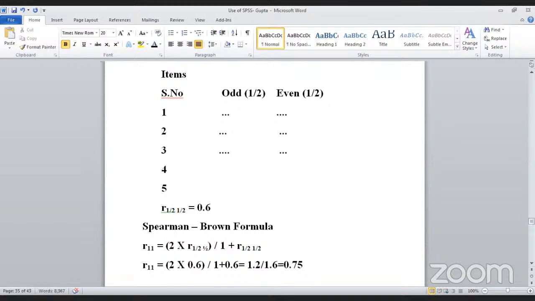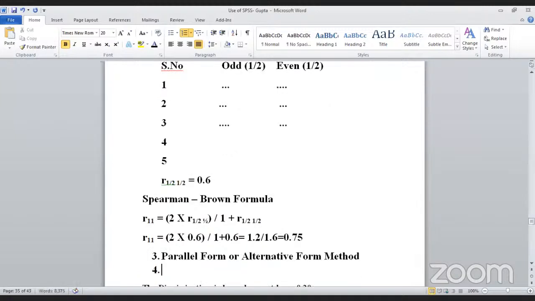Now there is another one, and it is called parallel form method, or alternative form method.